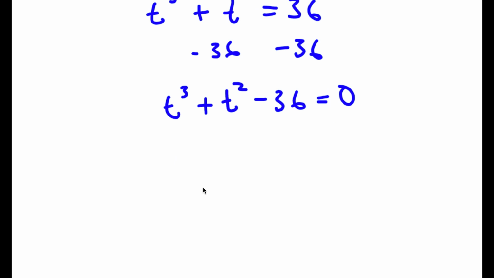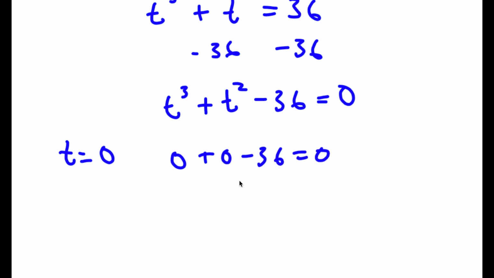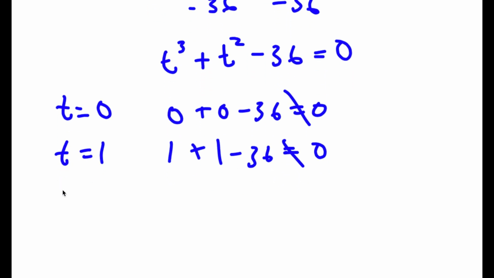Now I'm going to try different values of t and see if they work out. So if t is equal to 0, then this would be 0 plus 0 minus 36 is equal to 0, and this is not equal to 0. Now if t equals 1, this would be 1 plus 1 minus 36 is equal to 0, and that's not true either.